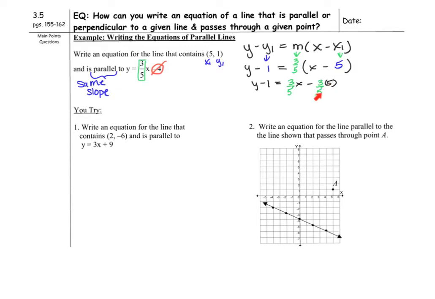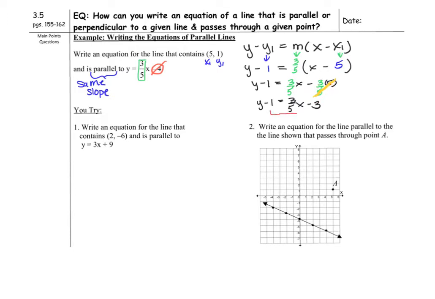When you do this, notice you have a 5 on top and a 5 on bottom. When you have the same number on top and on bottom, they divide out to give you a 1. So when you simplify this, you have y - 1 = 3/5 x - 3, because the 3 is the only thing that's left if these divide out.